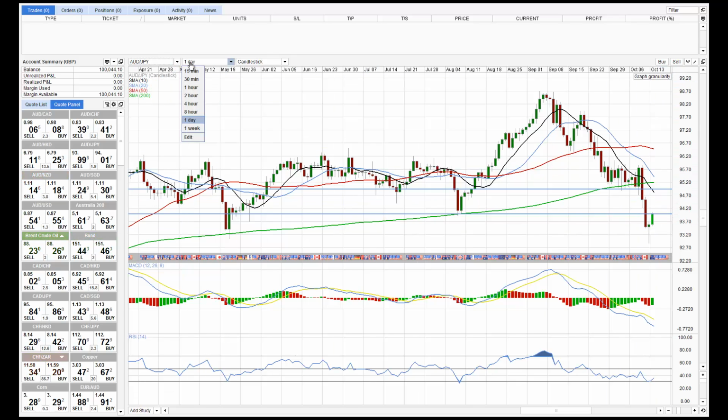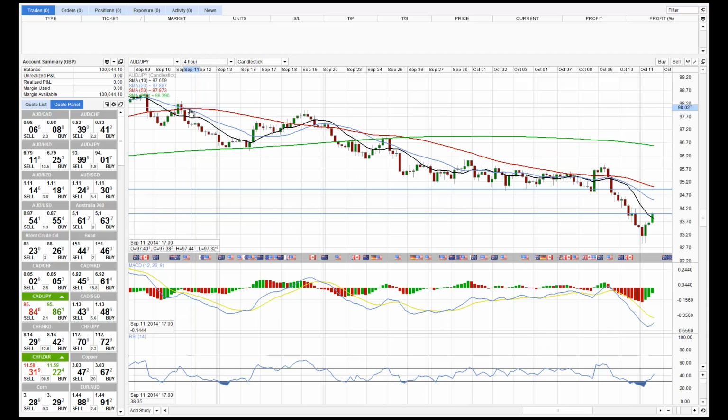So I'm coming down to lower time frames, to the likes of the 4-hour chart. We can see that the market's retraced back up to this area now. We've got the moving averages all in the right order on the 4-hour, and in fact, another level up here just around the 95 area is another decision point in the market.